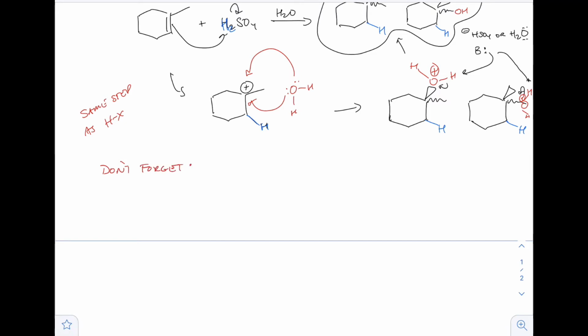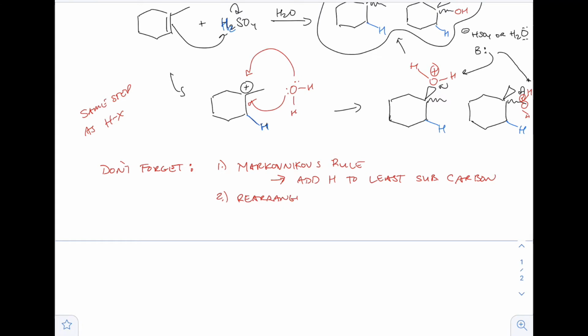Also, do not forget that Markovnikov addition means the nucleophile is going to the more substituted position, while the hydrogens are going to the least substituted position, or the hydrogens are going where more of the hydrogens are.